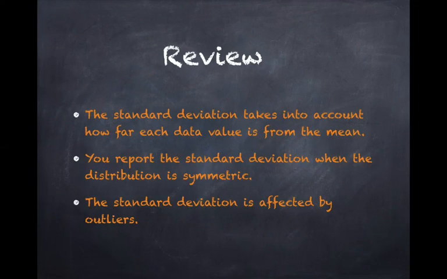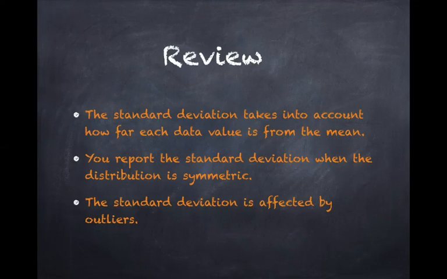And so let's go over what we have learned and take another important note. The standard deviation takes into account how far each data value is from the mean. And so we like to report the standard deviation when the distribution is symmetric.